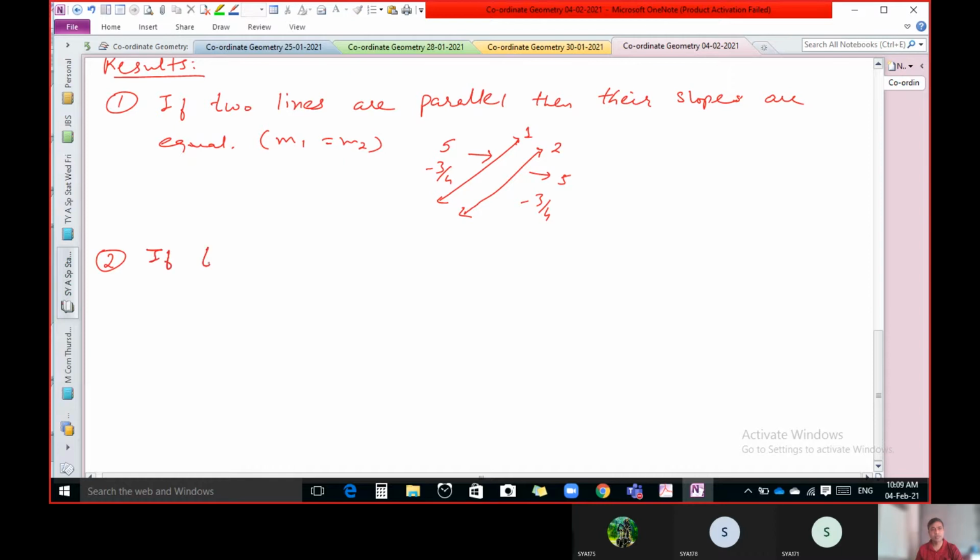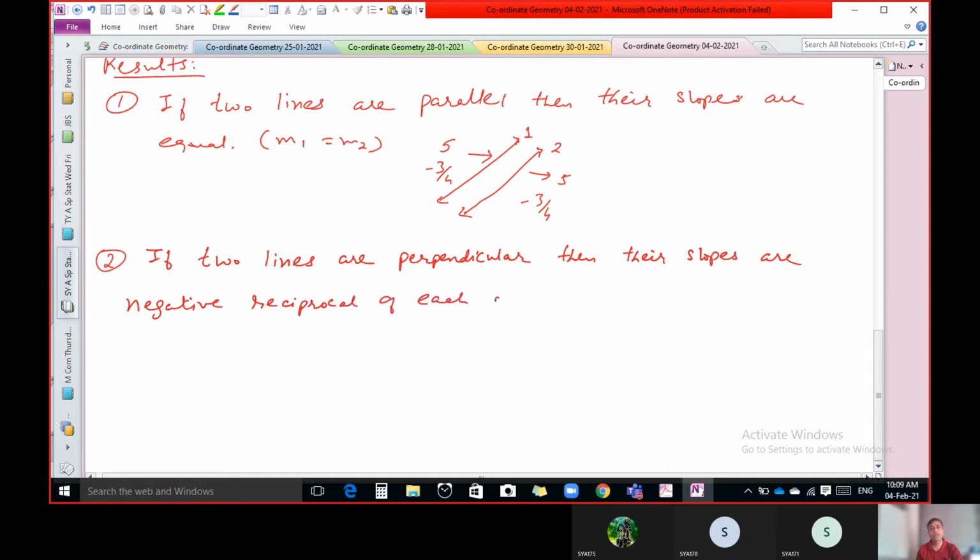Second, if two lines are perpendicular, then their slopes are negative reciprocal of each other.